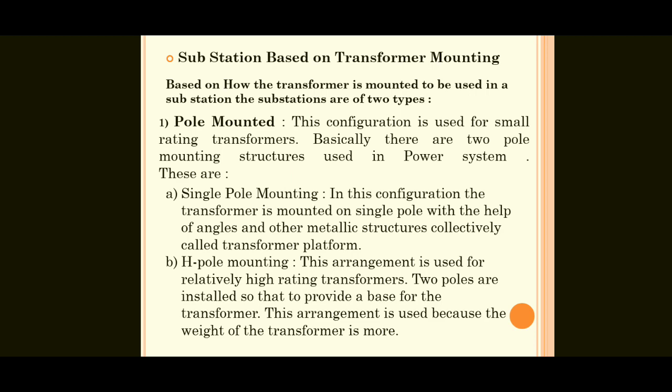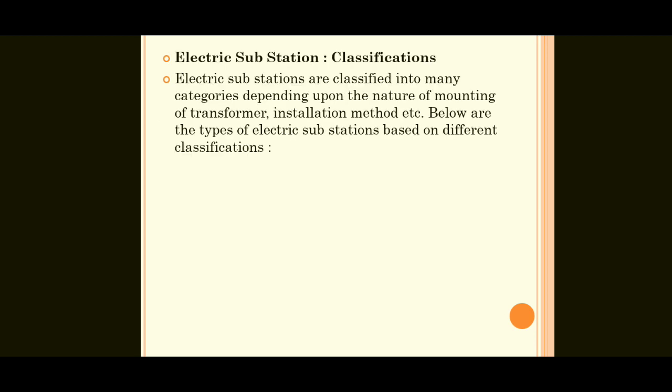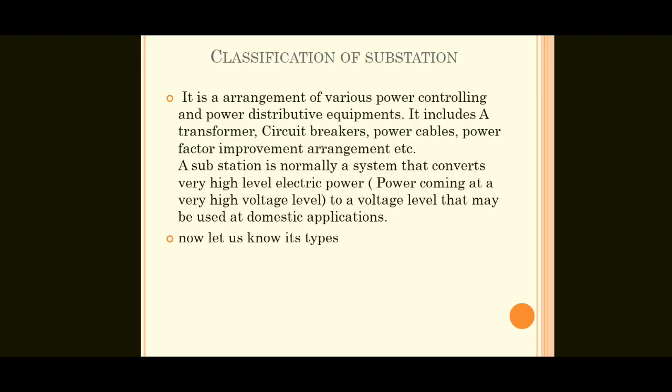So first, the classification. In a substation a number of equipments are present: circuit breakers, isolators, lightning arresters, insulators, cross arms, transformers, power cables, power factor arrangements.